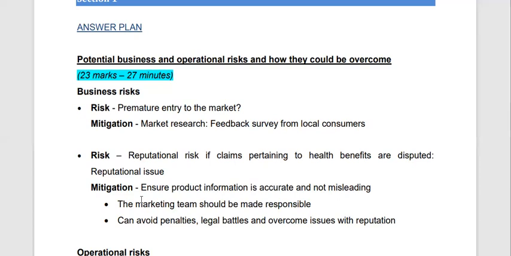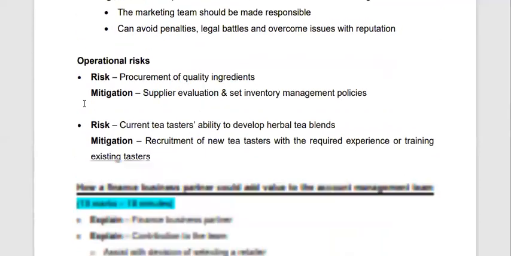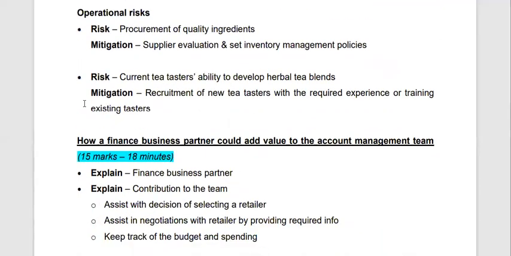So if you attempt 5 mock exams, and come up with an answer plan for each task, it's as if you are preparing 20 answer plans. That's enough practice for you to come up with appropriate answer plans in the real exam. And once you have the skeleton, it's pretty easy to flesh out the skeleton or start typing fully fledged answers.